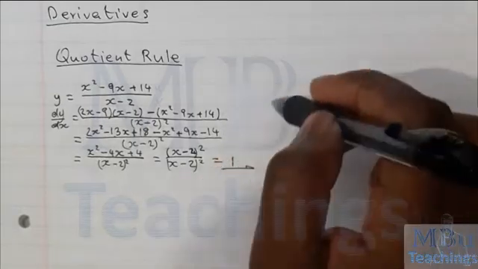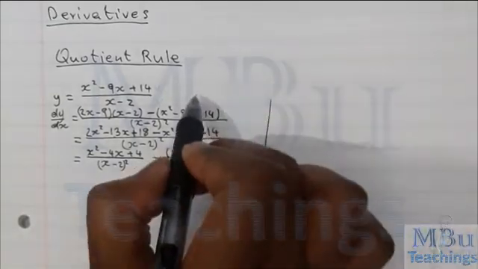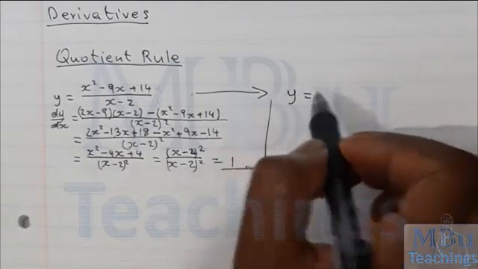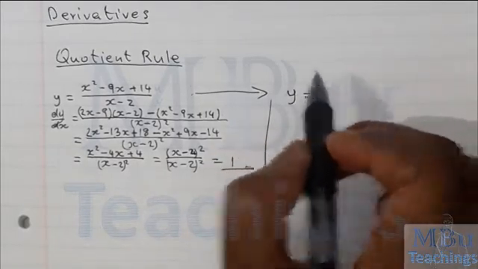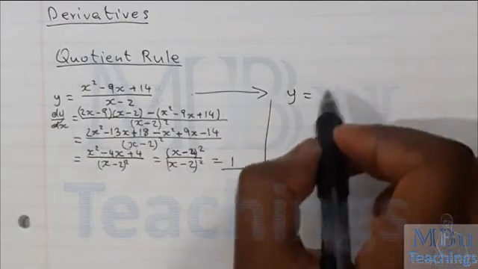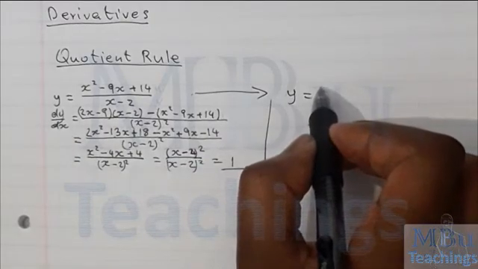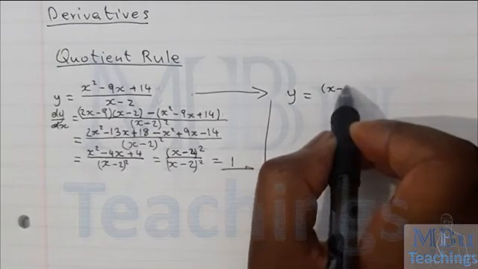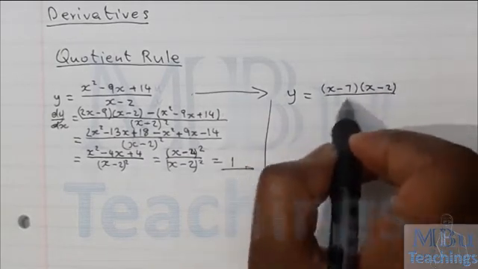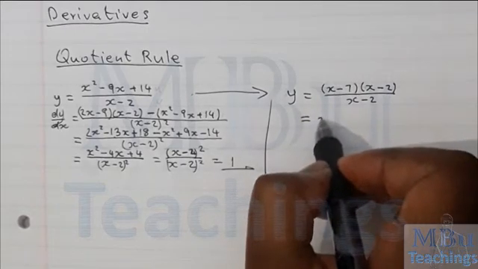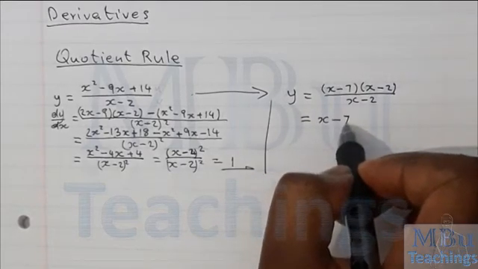Now there is an alternative. We can just say our y equals the same thing, but we can now simplify or factorize it. Then these will cancel out, and we'll be left with just x minus 7.